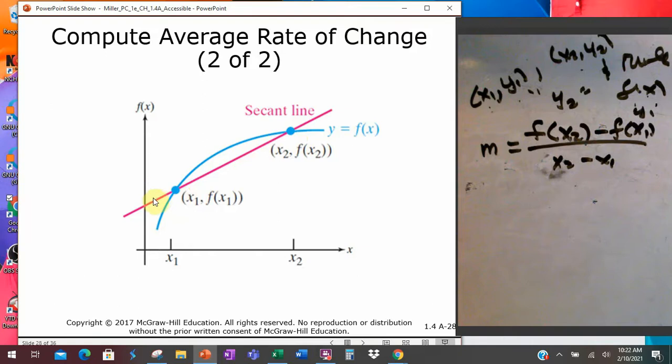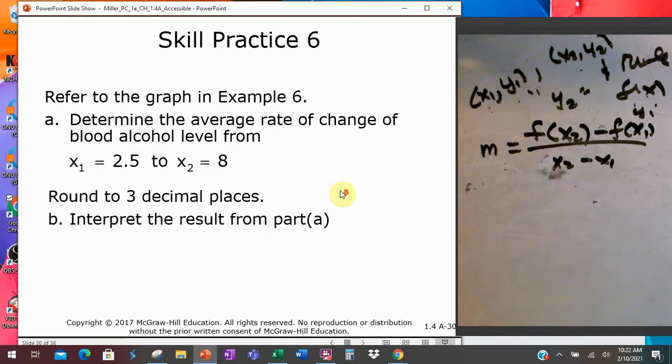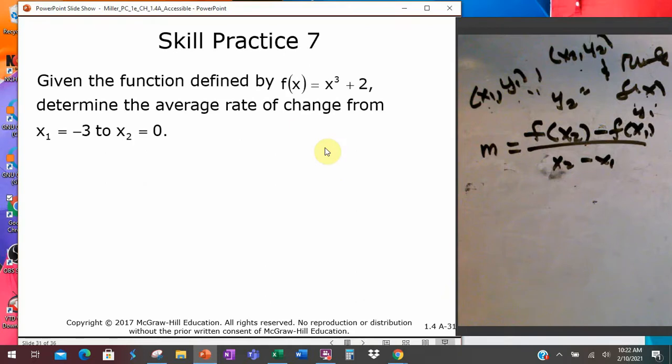The secant line would go through there, and that would be the slope of that line when we calculated the average rate of change. Here I'm just calculating y2 minus y1 over x2 minus x1. So for these I'm given the points, and then I've got a graph.